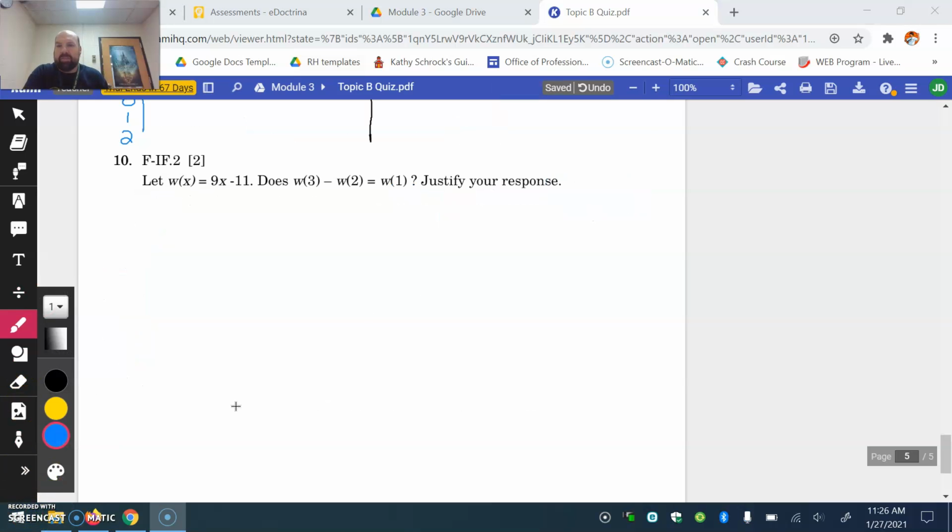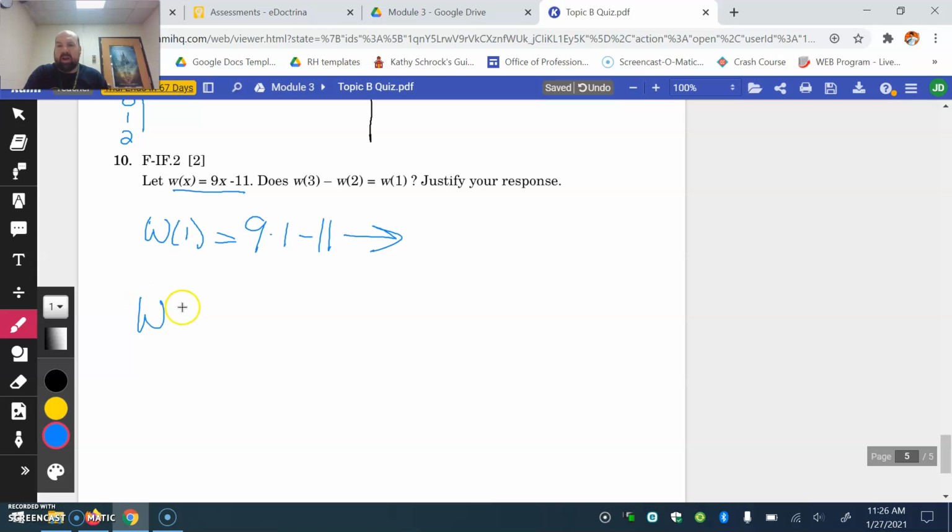Okay, question 10. I am just about out of time, less than a minute left. So here's what I recommend. First, they give us the function. Find out what w of 1 equals. How do you do that? Substitute 1 in for x. Okay, and then determine what that answer is.